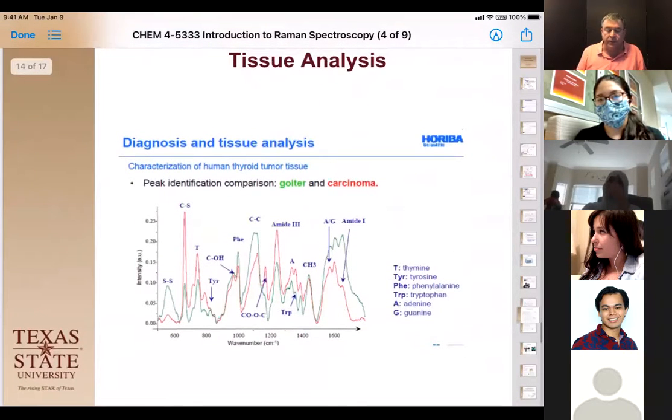Another one is tissue analysis. You can take some systems and actually do it on live humans, where you look at different little systems here. Or you can send it off for a pathological test.